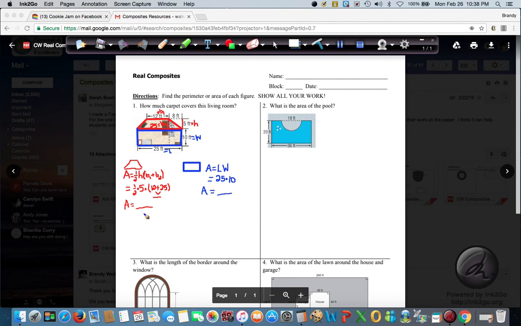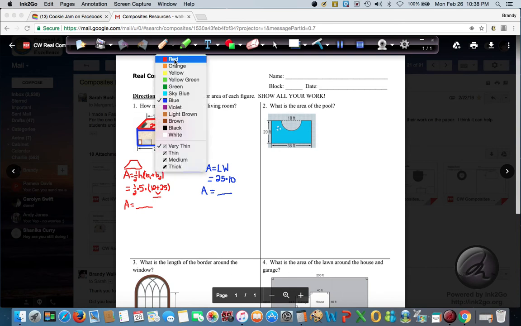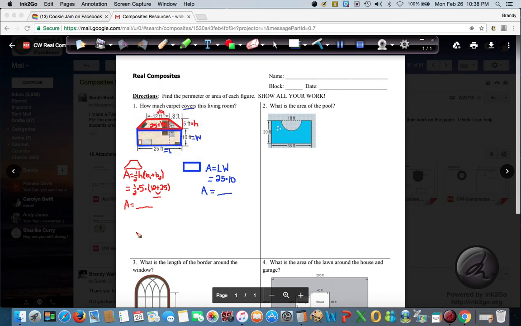Okay, now we're going to add these together to get the total area of our living room for the carpet. And remember, if we're talking about covering, that's how we know it's area. So for our total area, we're going to have the red answer, which is the area of the trapezoid, plus the area of the rectangle.